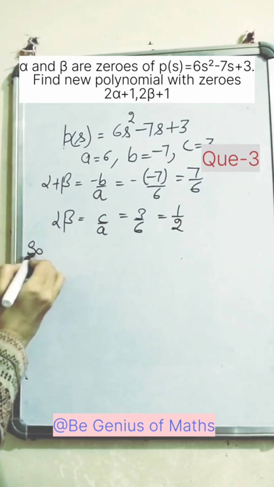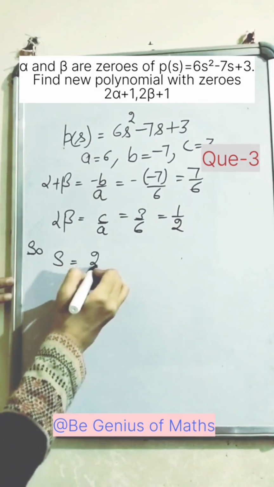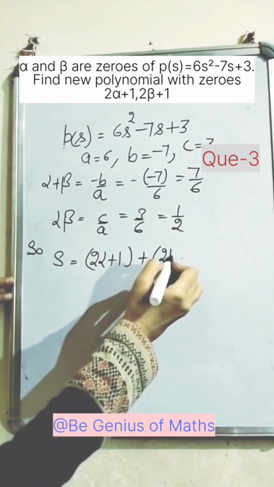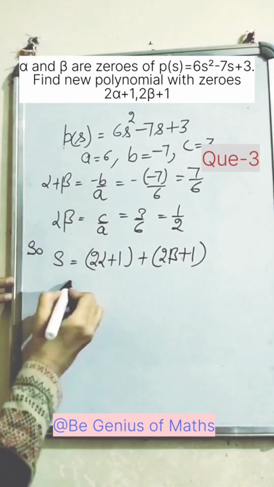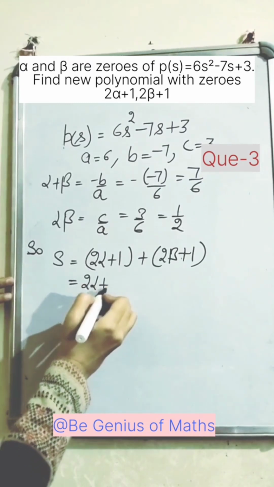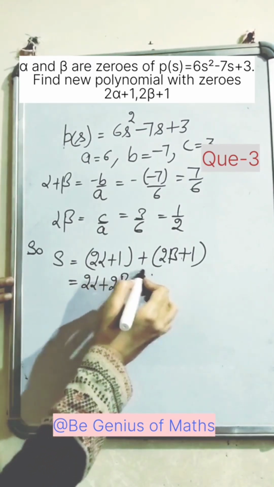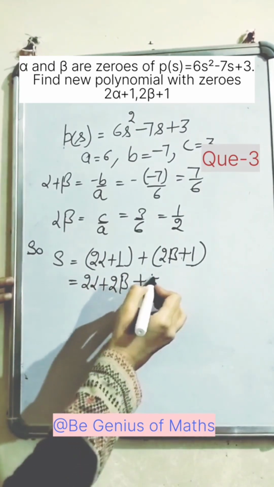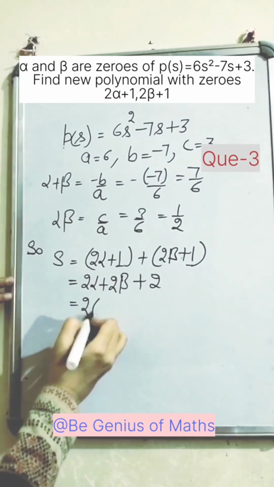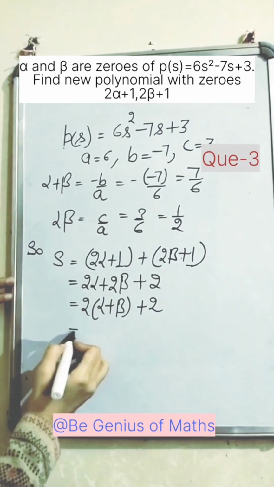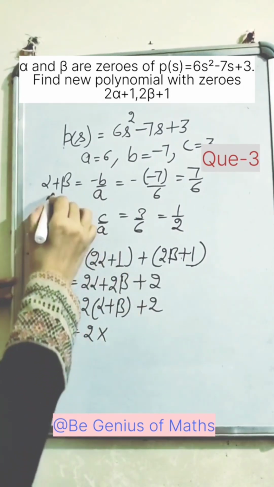Next step, find the sum of new zeros. Put the values of alpha plus beta.